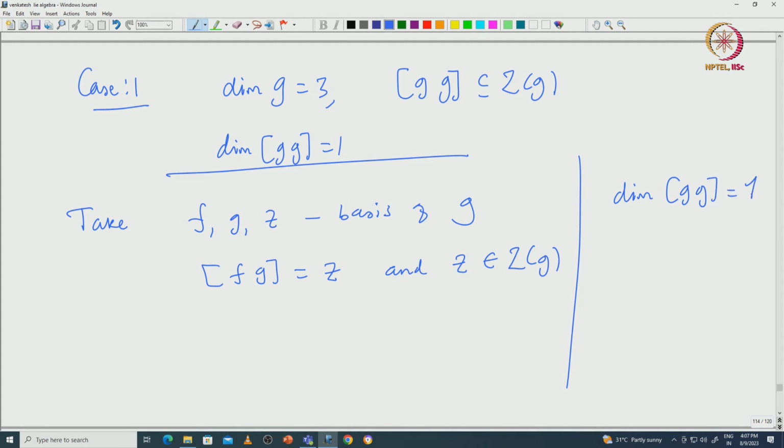Okay. Suppose if you take a basis x, y, w of G, then you can see that the derived algebra, okay. So maybe like we can actually do it another way.